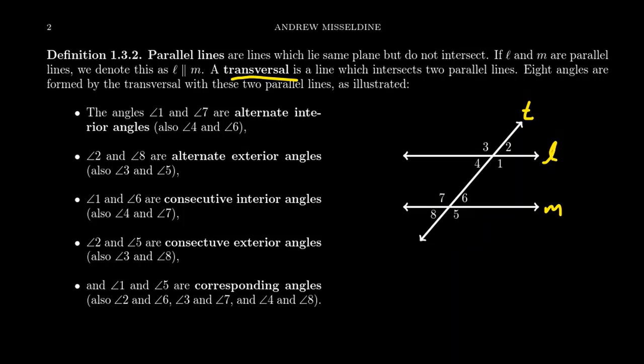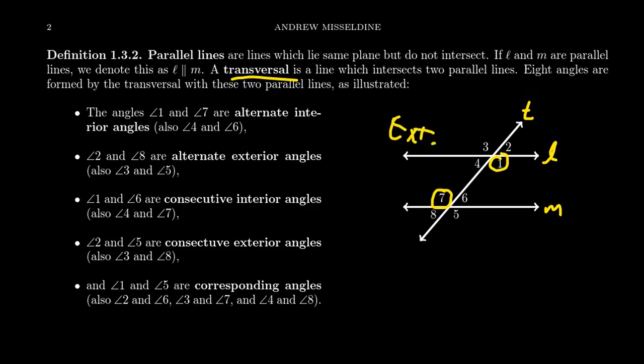Okay? So the reason we label these is so we can talk about some families, some pairs of angles that come from this diagram. So we say that angles 1 and 7 are alternate interior angles. Interior in the respect that they're inside the strip of the plane that's formed by the parallel band. Things outside of the strip, we'll be calling exterior angles.